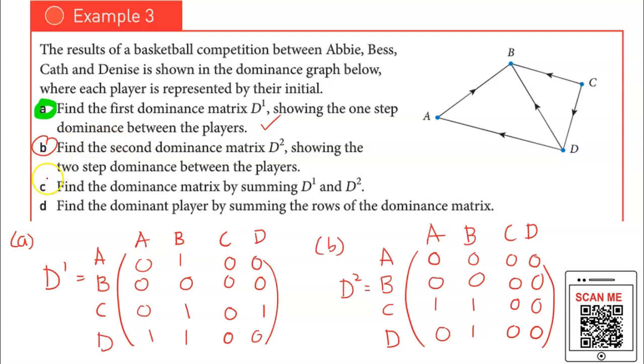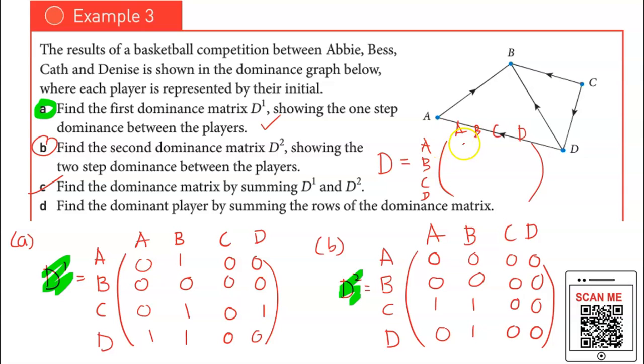So let's look at C. Find the dominance matrix by summing D1 and D2. They say I need to sum up D1 and D2 over here. So let's do it. So A, B, C, D. You just sum the two matrices together.